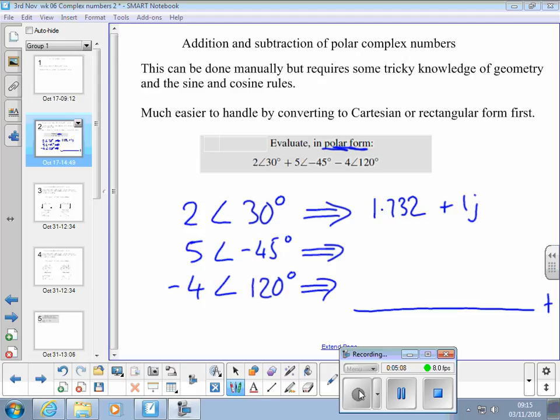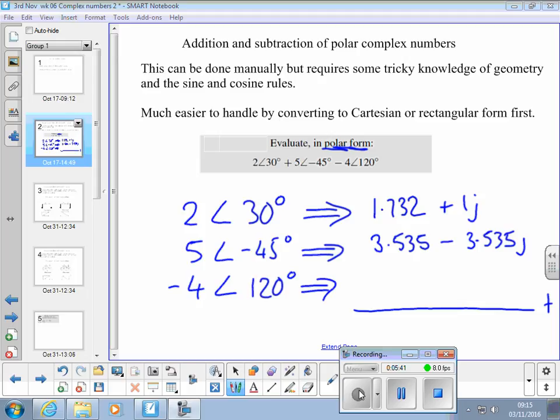So, middle part, 5 angle minus 45, which gives 3.535.